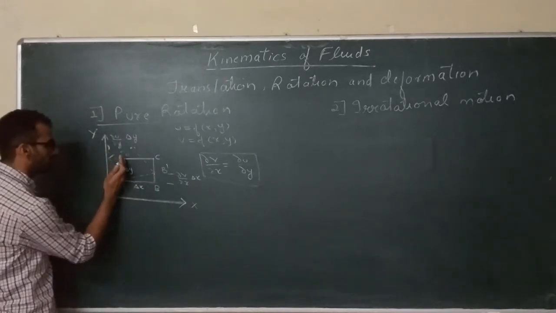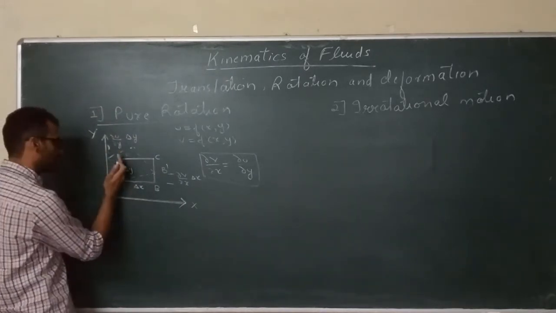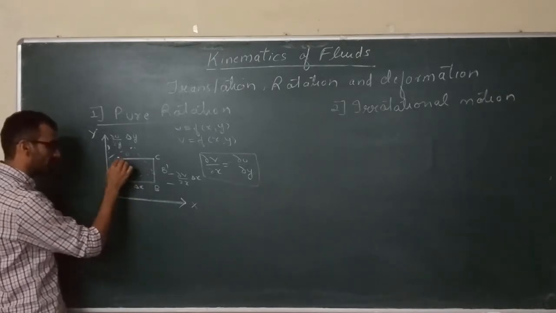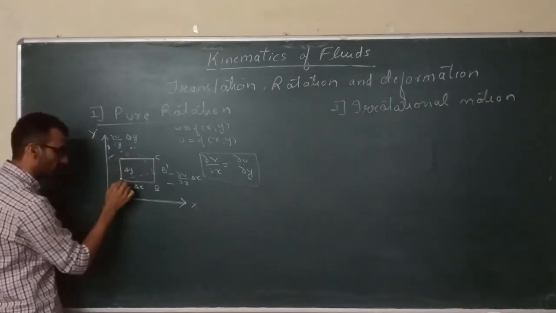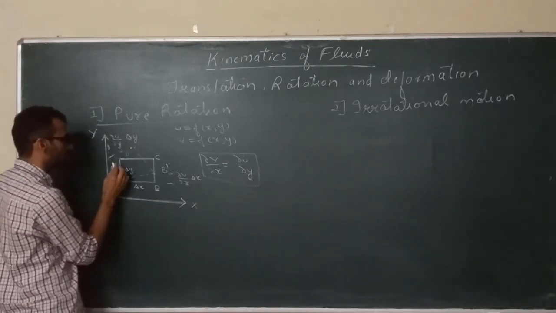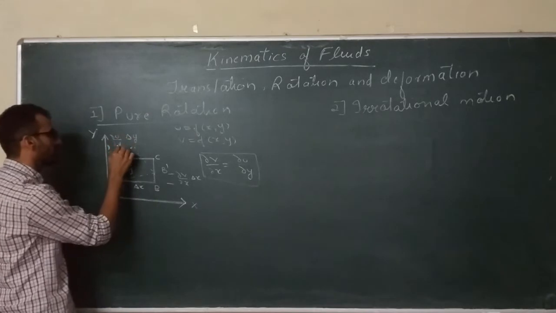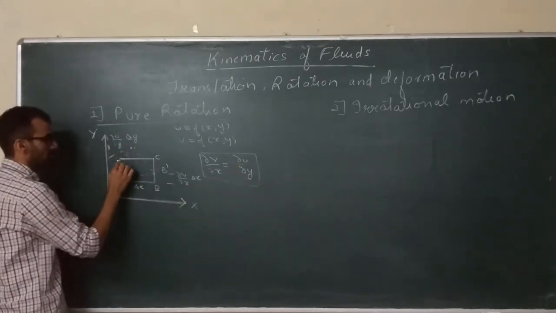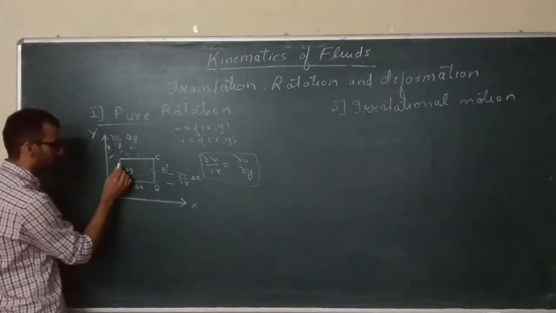Since del u by del y is negative, AD is tilting like this, because the horizontal velocity at D is less than the horizontal velocity at A. If it is u, then this will go on decreasing. Del u by del y will be a negative gradient, so it will go on decreasing.